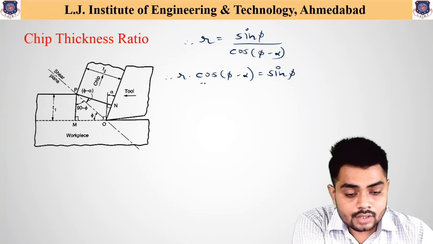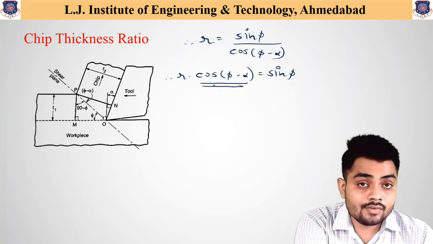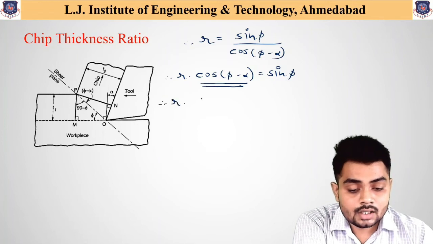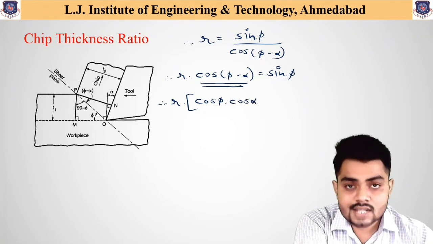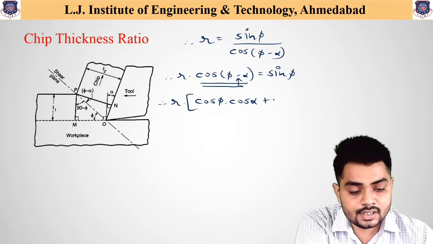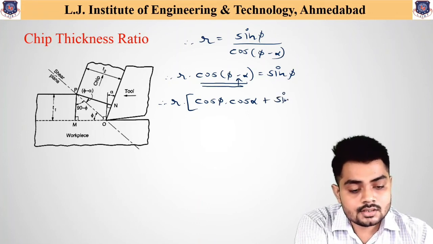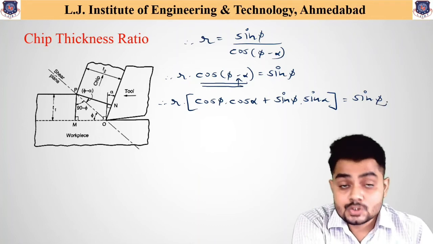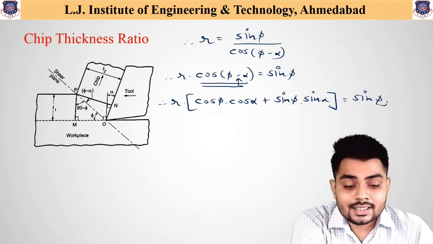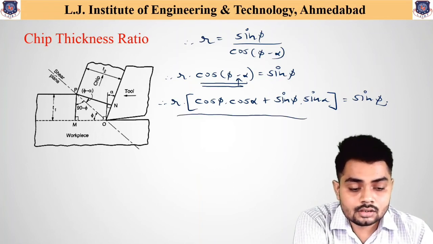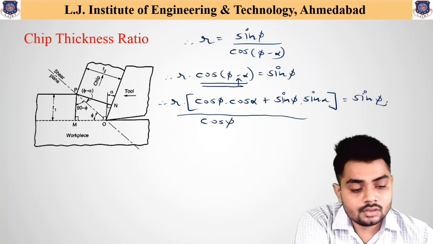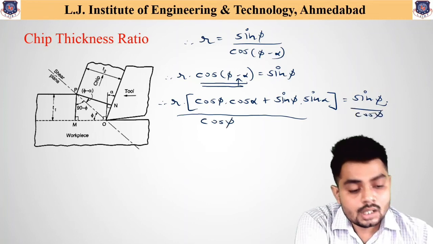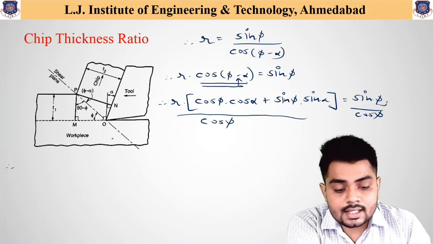Now if we modify this equation, cos (phi minus alpha) can be written as r times cos phi cos alpha plus, as the sign changes, sin phi sin alpha, that is equal to sin phi. So now to obtain the final form, divide both sides by cos phi.